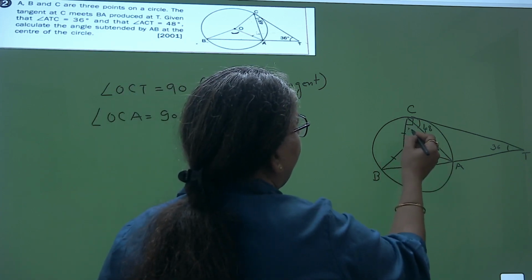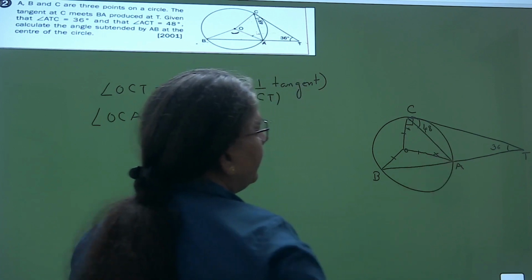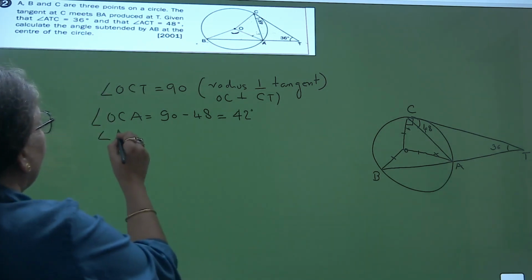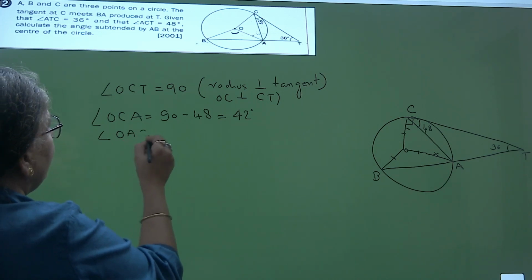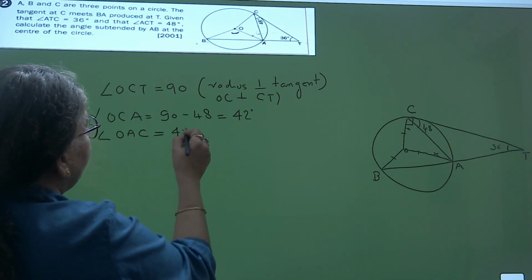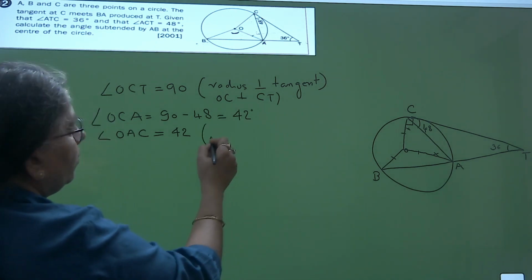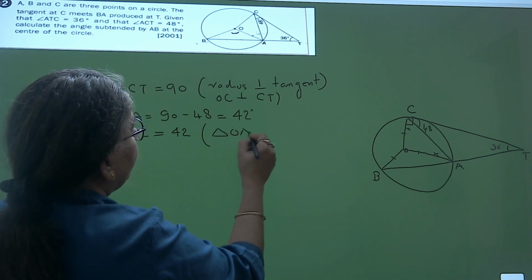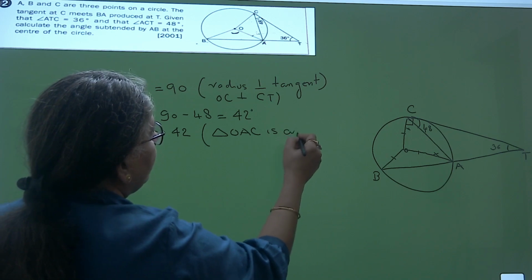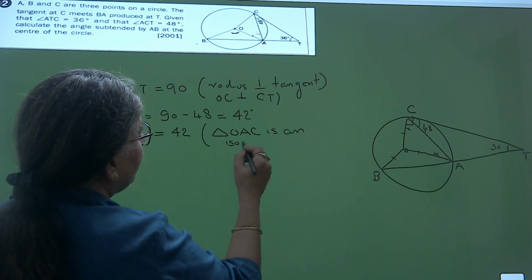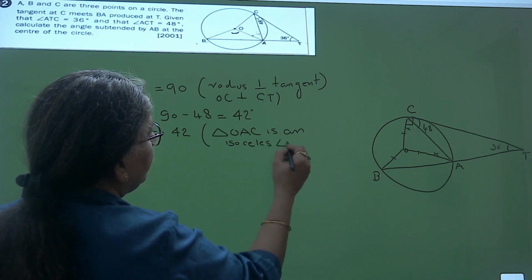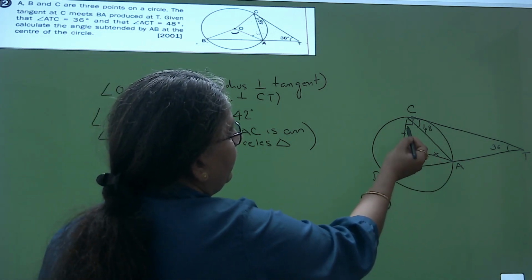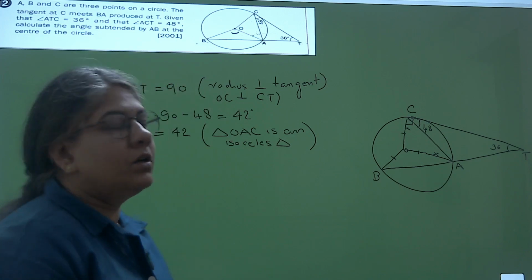That is, this angle X will be equal to this angle X. So we can write angle OAC will also be 42 degrees. Reason: triangle OAC is an isosceles triangle, hence base angles are equal. So both these angles are 42 degrees.